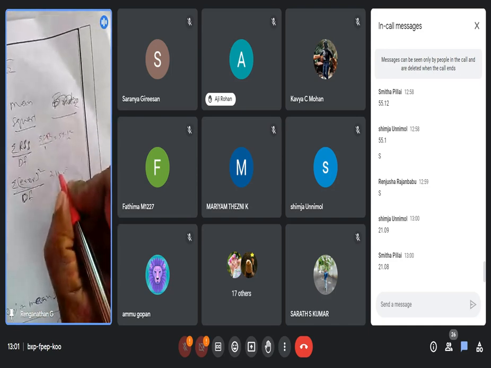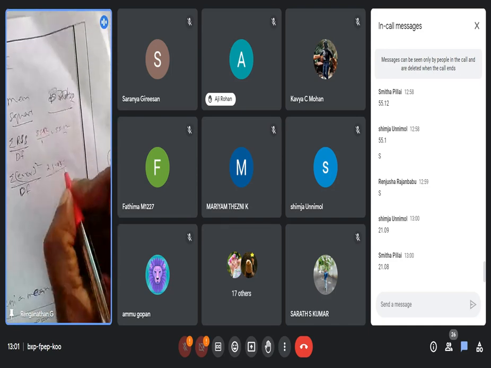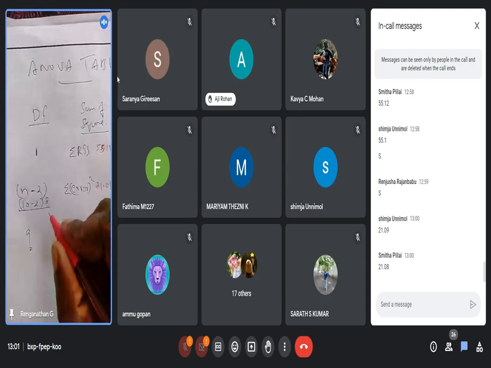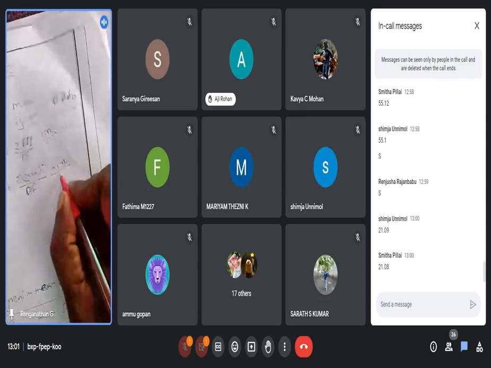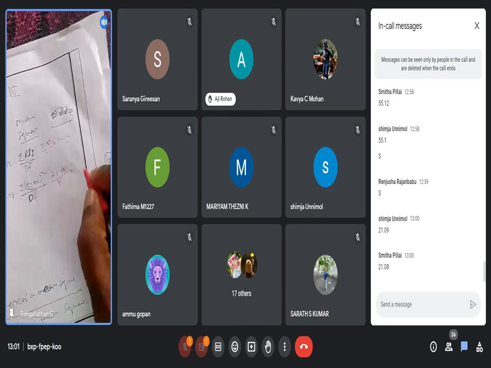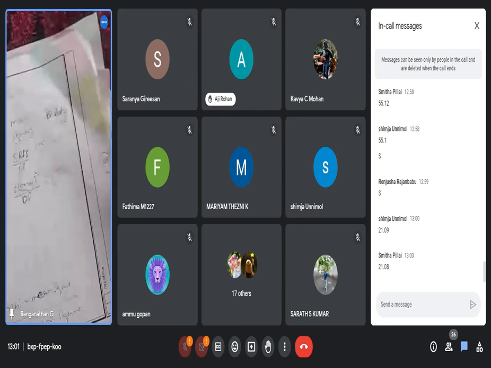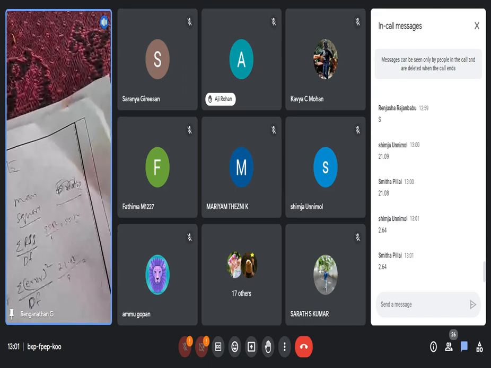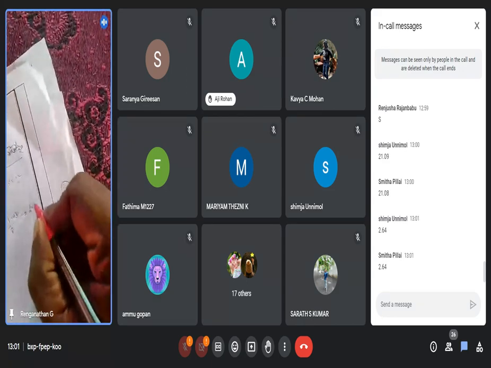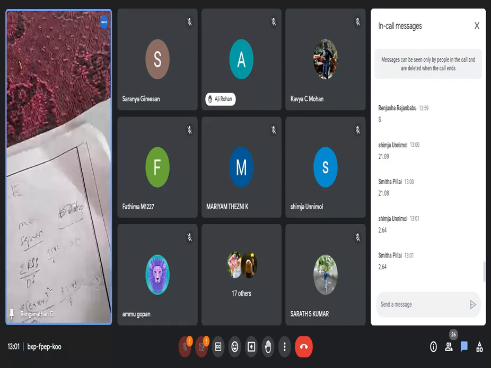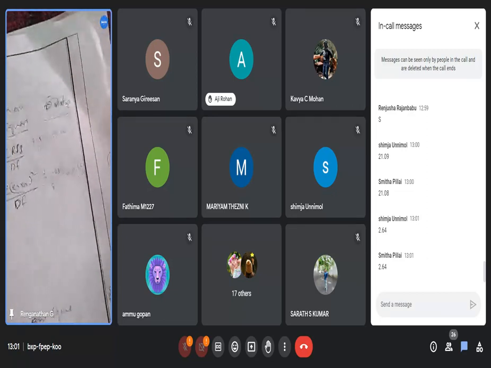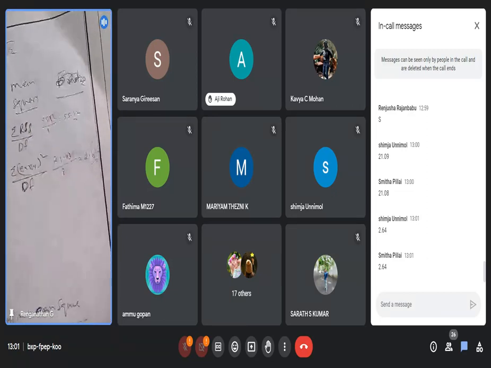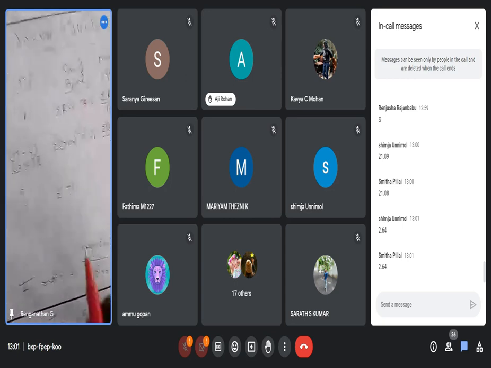We got sigma error 21.08 divided by the corresponding degree of freedom, which is 8. So divide it by 8. What is the value? 21.08 divided by 8 is 2.64. Okay, 2.64 is the value.